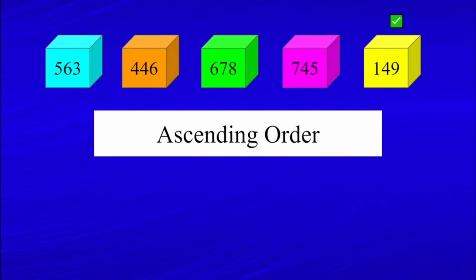Yes, 149 is the smallest number. So now we will arrange the boxes in ascending order, starting with the box numbered 149. Now we have 4 other boxes left. Which among the 4 boxes has the smallest number?